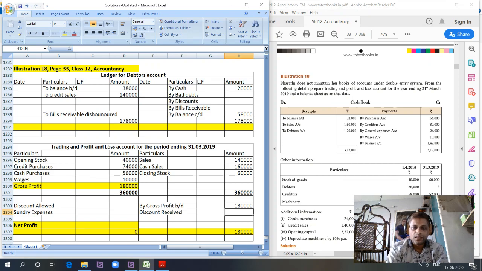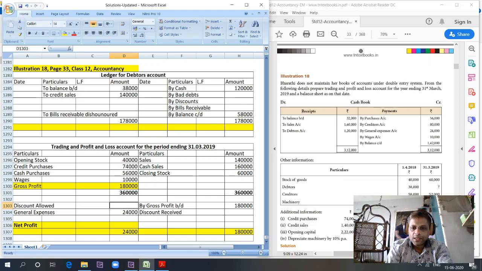Then what are all the transactions we have in P&L? We have general expenses 24,000. Sundry expenses or general expenses 24,000. Then what else we have? Depreciate machinery by 10%.